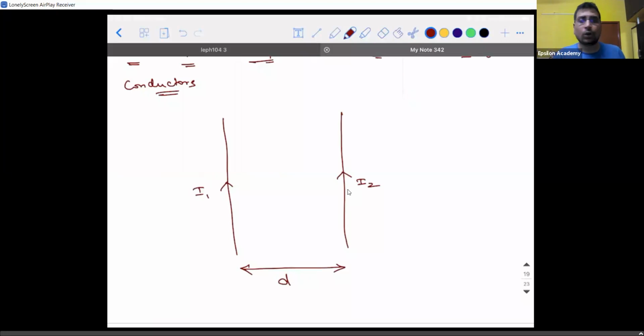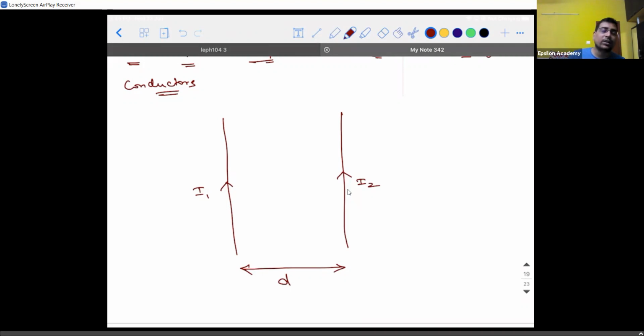Now let's recollect all the basics that we know. So first, Oersted told that if you have a current carrying conductor, there is magnetic field around it. Accepted. Second, according to Lorentz force, we understood that when a current carrying conductor is placed in magnetic field, it will experience force.